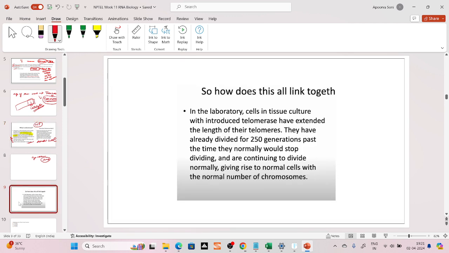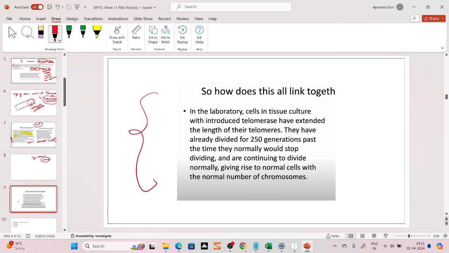So how does this all link together in the laboratory? Cells in tissue culture with introduced telomeres have extended length of their telomeres. They have already divided for 250 generations past the time they normally would stop dividing and are continuing to divide normally, thus giving rise to normal cells with the normal number of chromosomes.